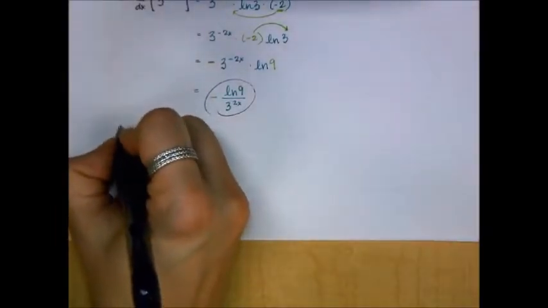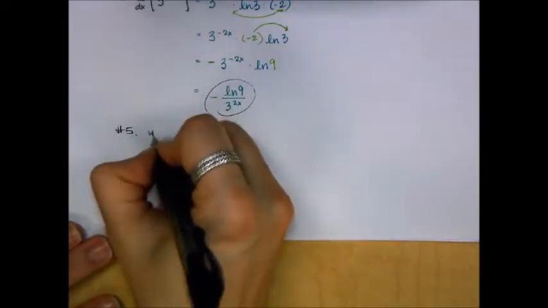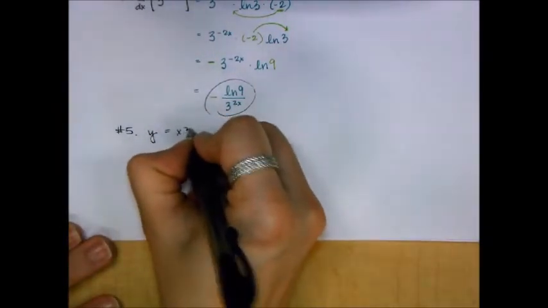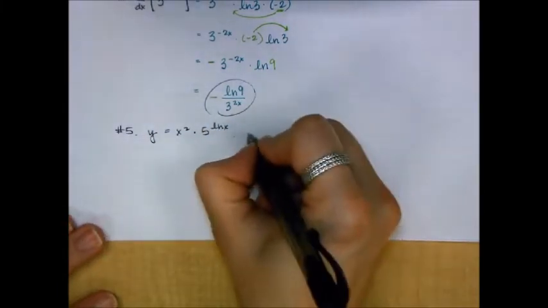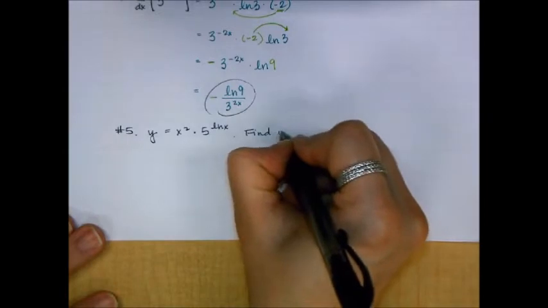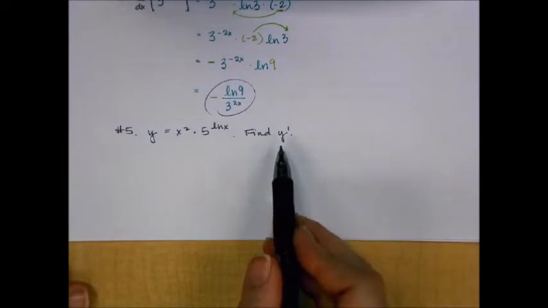All right, number 5. So this time my function is made up of a product of 2 other functions, x squared and 5 to the power natural log x. To find the derivative then, we'll need to use our product rule.